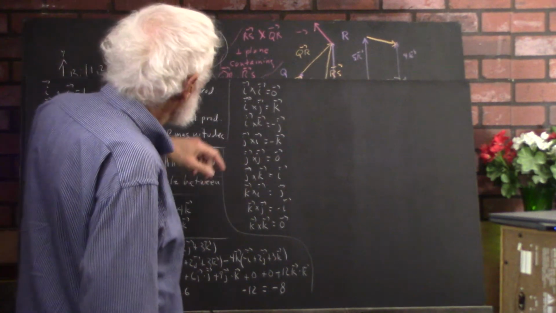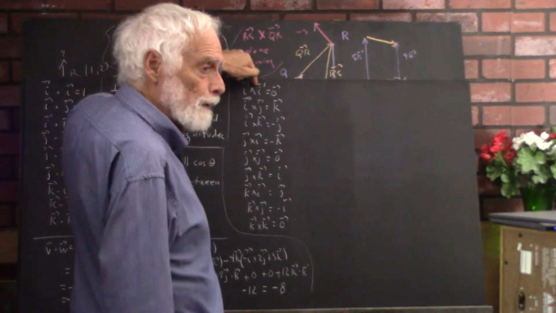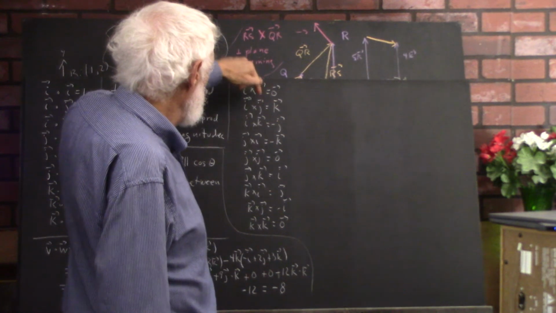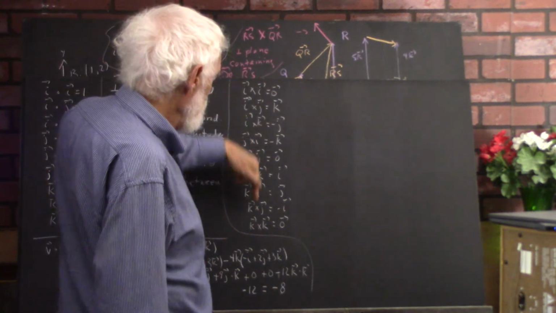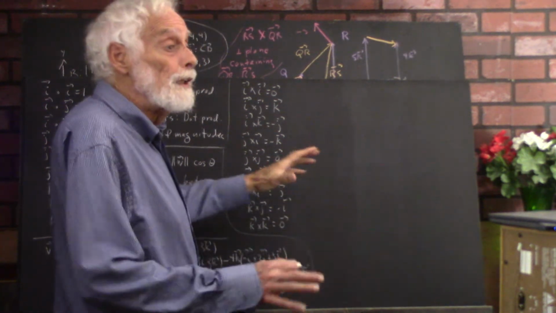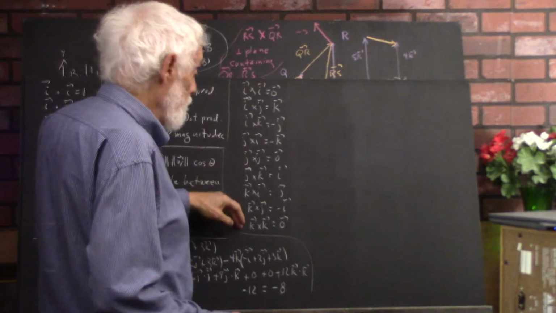Okay, so again, you see properties. When the vector is parallel to itself, as i is to itself, as j is to itself, as k is to itself, you get 0. And that extends to any pair of parallel vectors in a way that's fairly easy to see once you understand this fact.